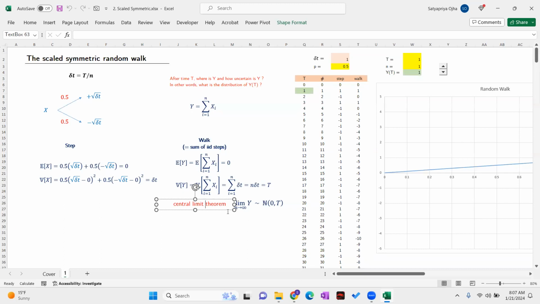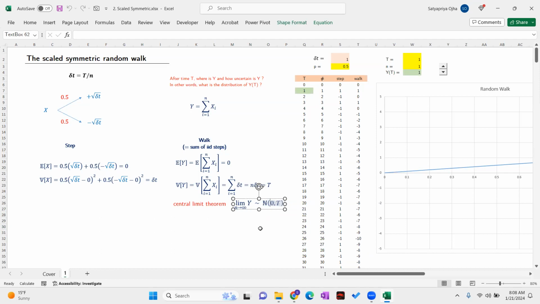Now you impose the central limit theorem. You increase the number of steps and that will impose a normal distribution. Expectation and variance we already calculated. So with a large number of steps, our random walk will follow a normal distribution. But the key difference here is that now the variance is equal to T, not the number of steps.